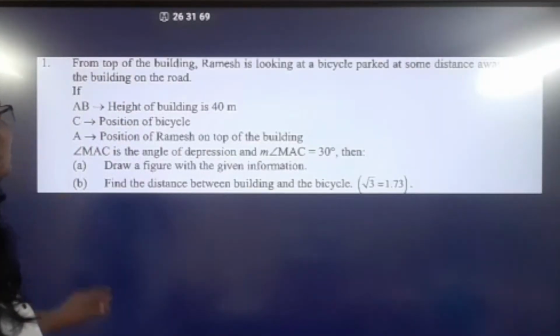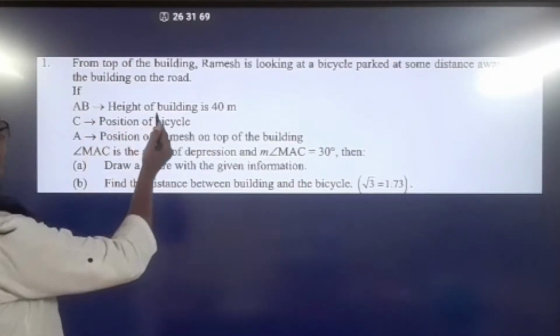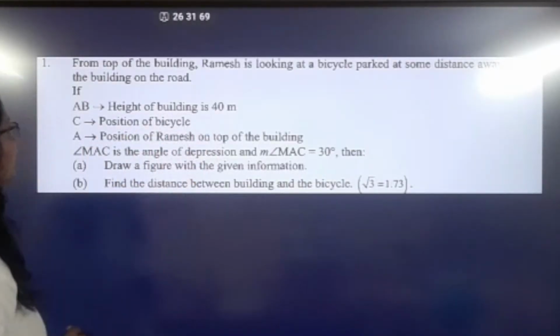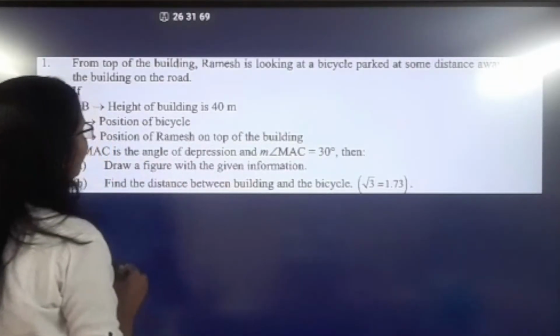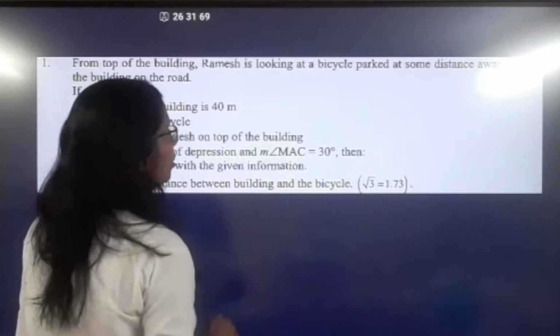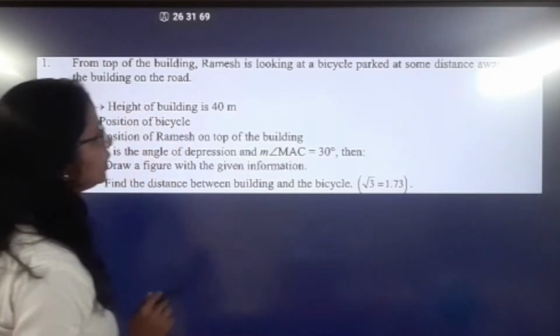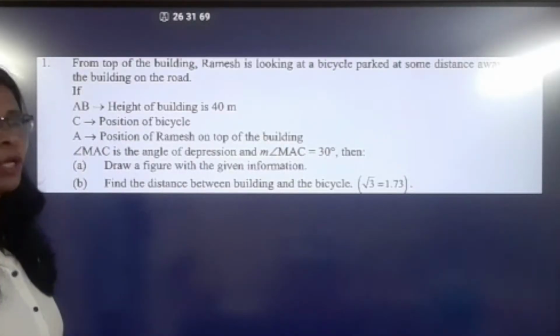From the top of the building, Ramesh is looking at a bicycle parked at some distance away from the building on the roof. If AB, the height of the building, is 40 meter, C is the position of bicycle, A is the position of Ramesh on the top of the building, angle MAC is the angle of depression and measure of angle MAC is equal to 30 degree, then draw a figure with the given information.